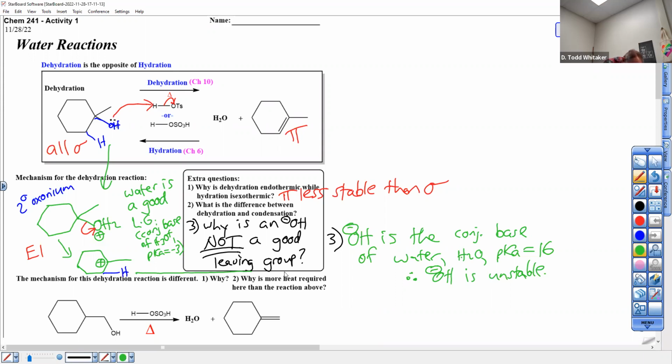And there's a reason why I'm putting this H over here, because we need it to become those things. Water's already left. What's going to grab that H? And you made it in the first step. Yes, plus OTs with a lone pair and a minus. The base.